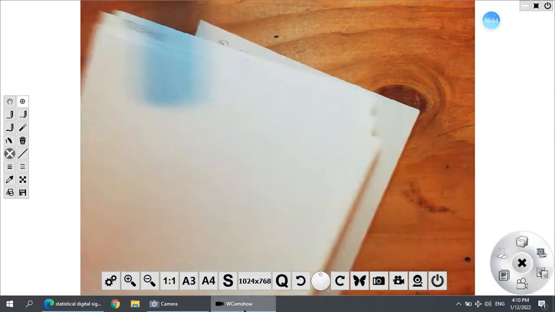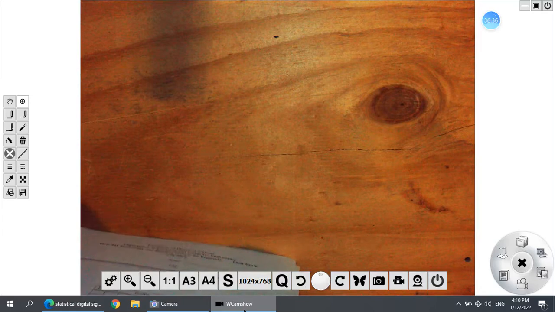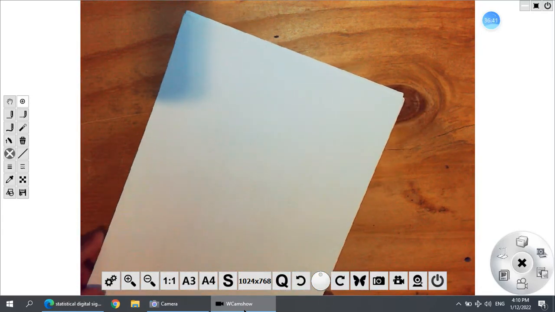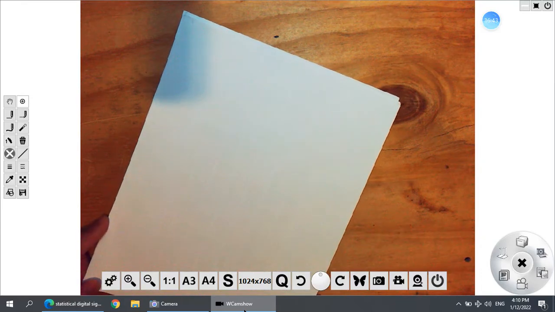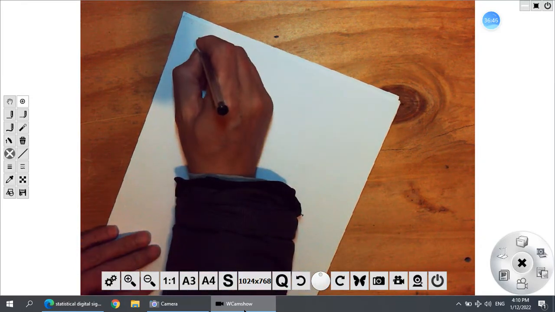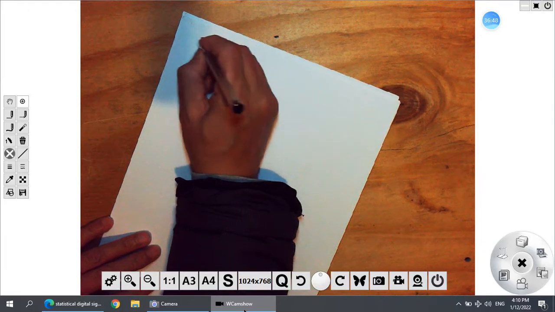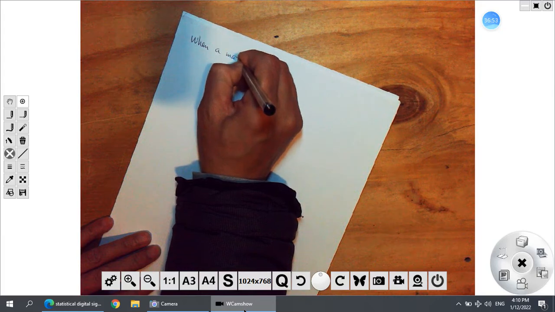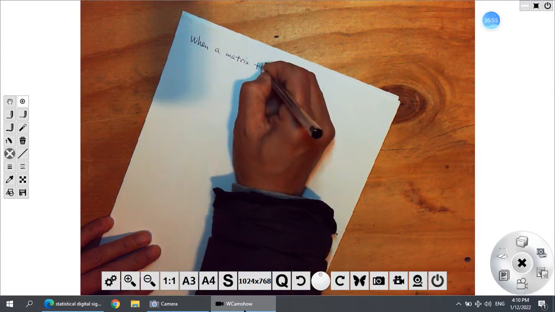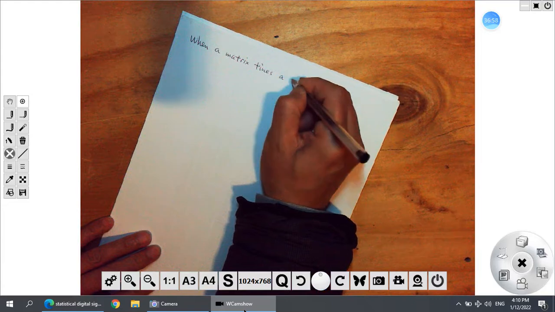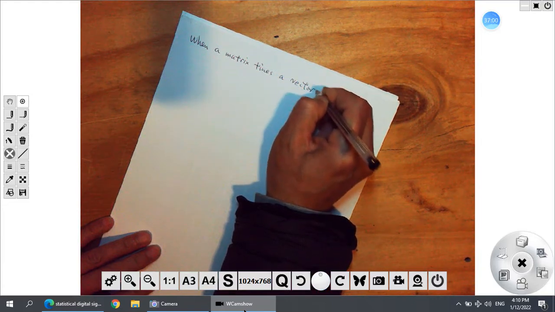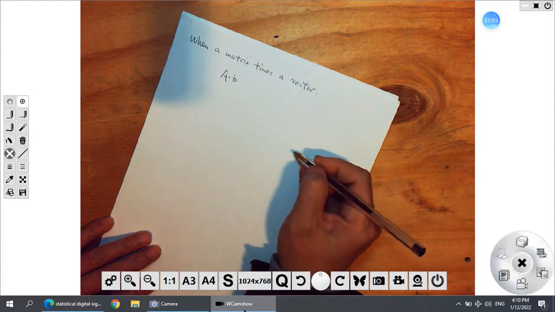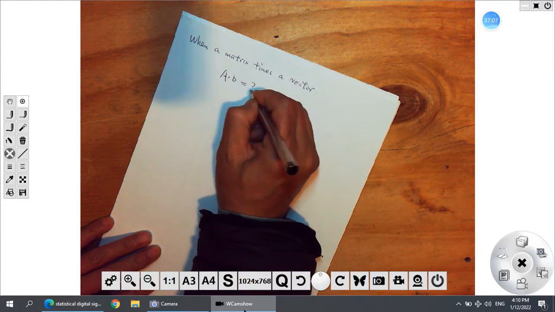Okay. Now we consider some useful notation and a useful topic we need later. You see, when a matrix times a vector, A times B, what will this be?